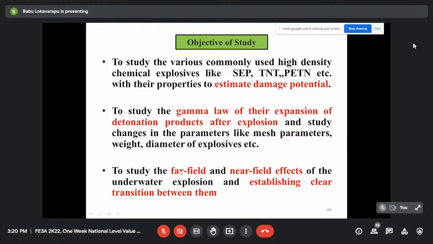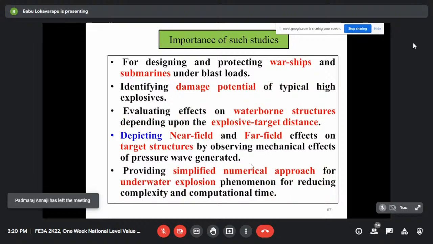We also studied what the far field and near field effects of the underwater explosion are, and establishing a clear translation between them. So what is the translation between near field and far field? Is there any relation? Suppose there's a blast here, it takes time, so that we can move away from the transition range within time. Therefore, we can safeguard the structure. This is the advantage of these kinds of studies.